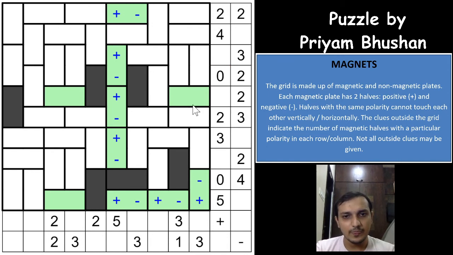Excellent. And with that we are getting anything? Okay, both of the negatives will have to be here. And does that give us anything, that this cannot be a positive, negative, positive? It is still possible.